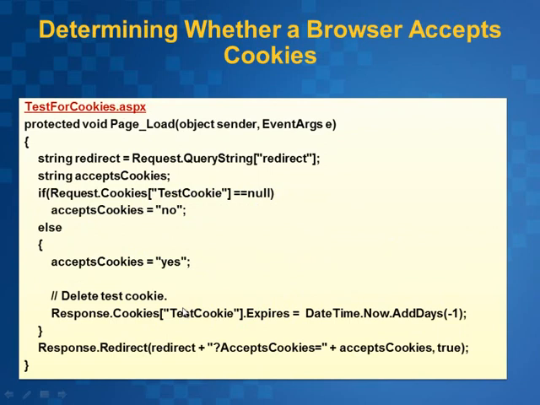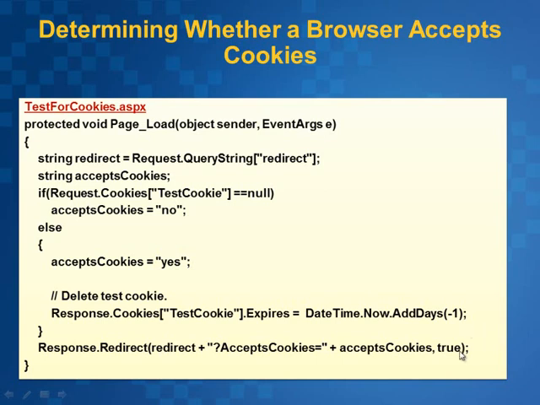But the answer must be told to the other side, whether it has accepted or not. This answer, yes or no, is now queried and sent along with it. This answer is again sent as a query string. And before that, if it has accepted the cookie, it will delete that cookie because that cookie is not required. It's just a dummy cookie that has been sent. It deletes that cookie by setting its expiry to minus 1.